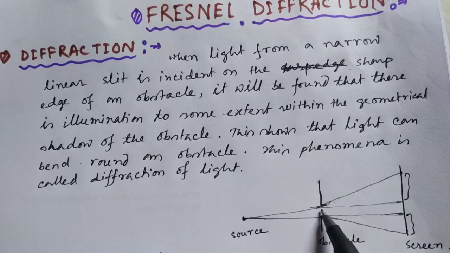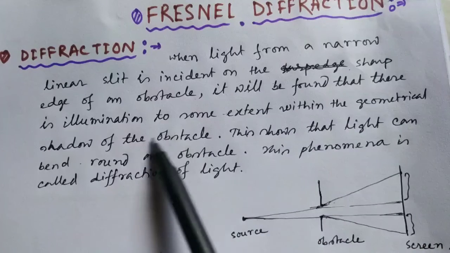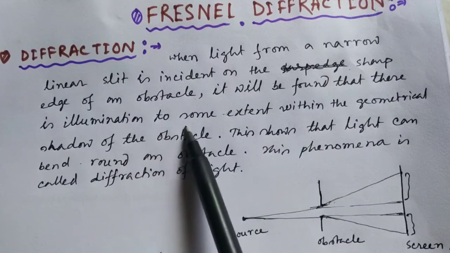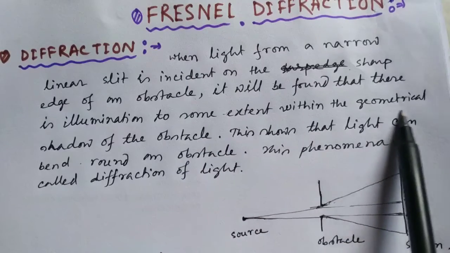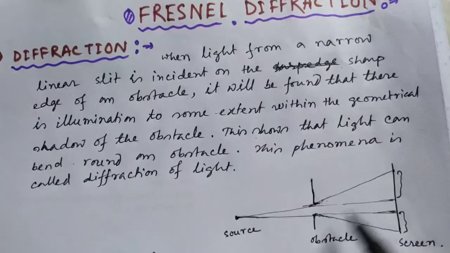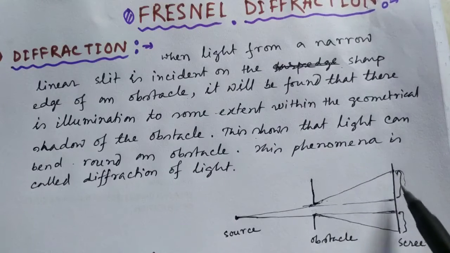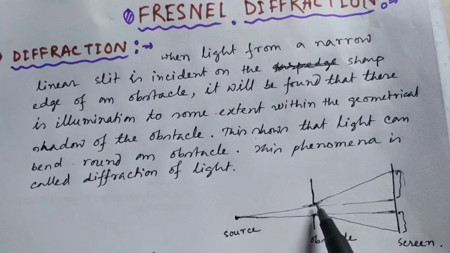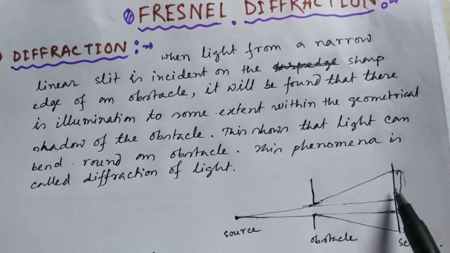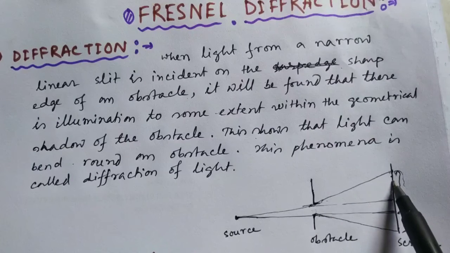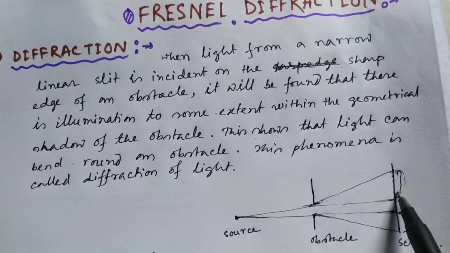Now it will be found that there is illumination to some extent within the geometrical shadow of the obstacle. The geometrical shadow is actually this part, and the illumination means there are bright fringes and dark fringes.